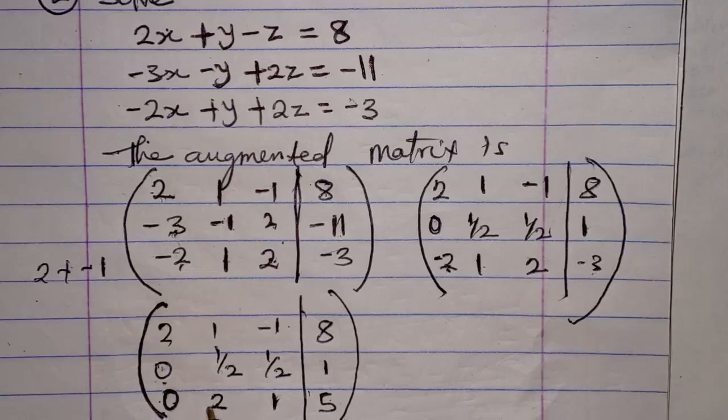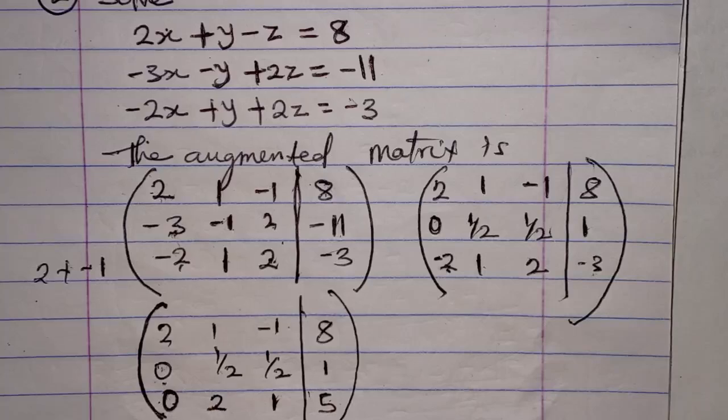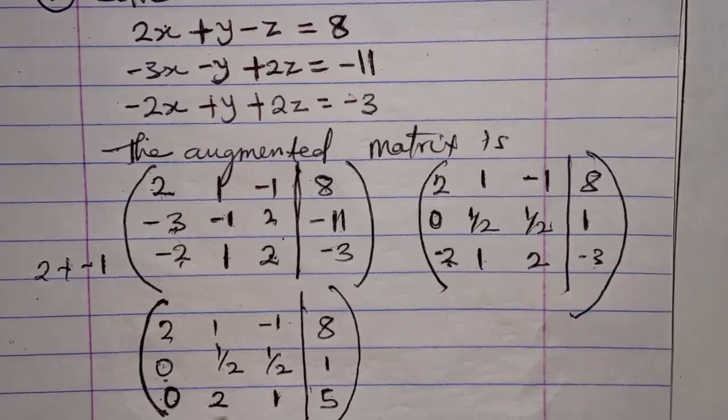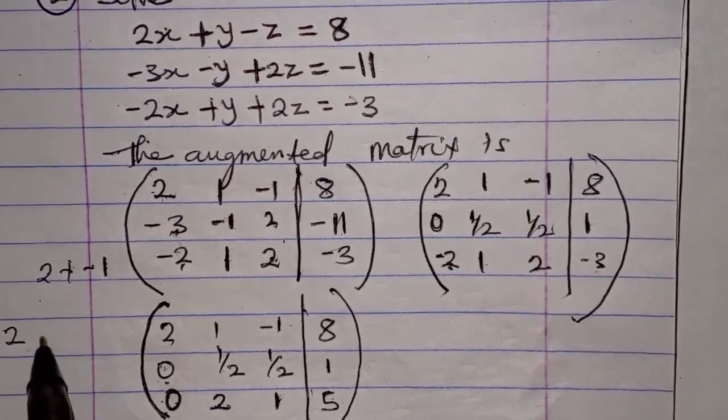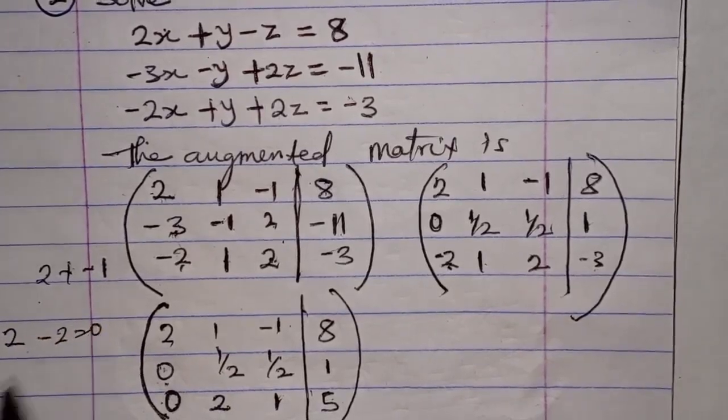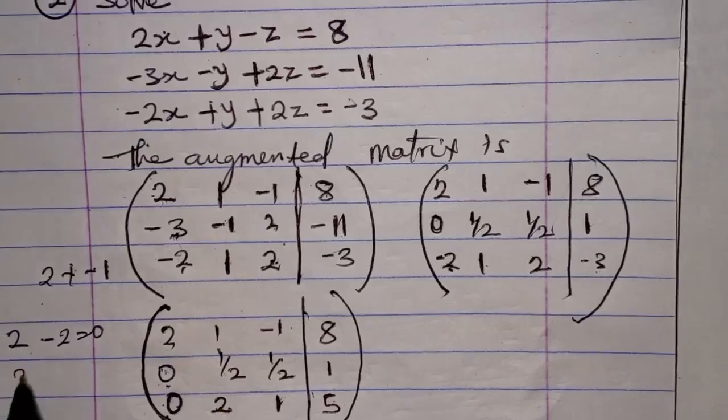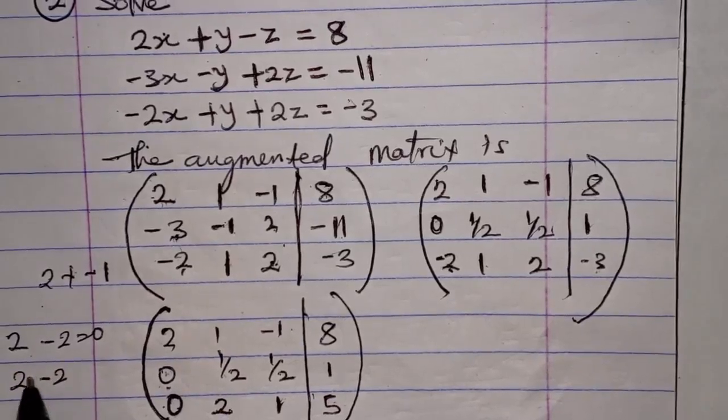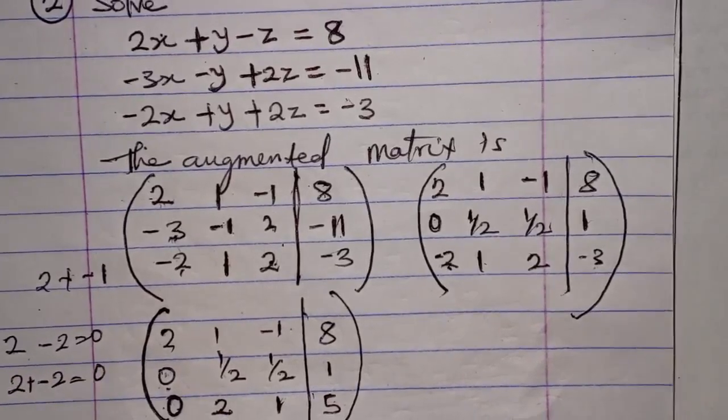The only way to get 0 here, to make this 2 a 0, is to subtract 2 from it. If I say 2 minus 2, this is 2. If I subtract another 2 from it, that will be 0. But if I add minus 2 to it, that will also give me 0.